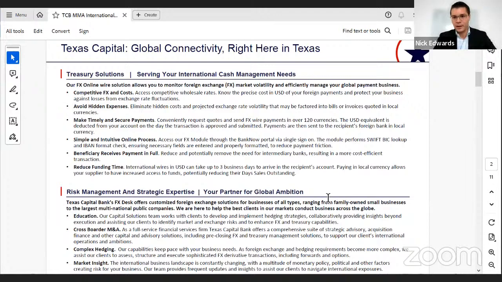This allows you to log on and set up a template, such that if you make payments for employees or products, goods and services, you're able to set up a wire template and then make that payment more fully. You're able to lock in the exchange rate and send exactly how much currency you want.